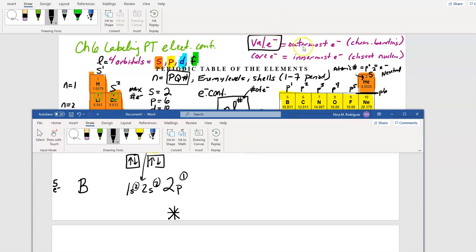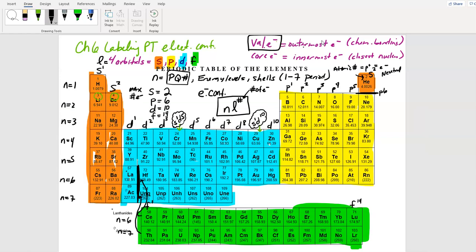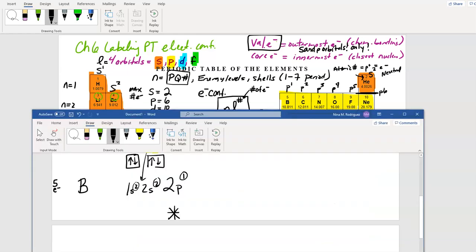Valence electrons. Actually, I want you to label it up here. Valence electrons are s and p orbitals only. Well, maybe that now may change your mind.